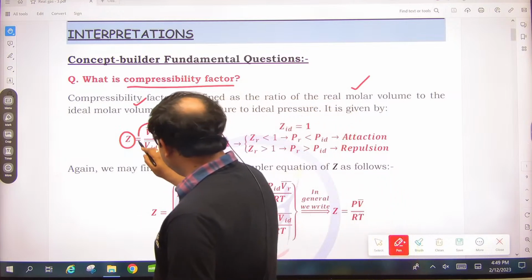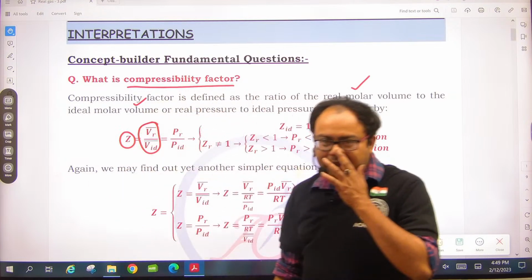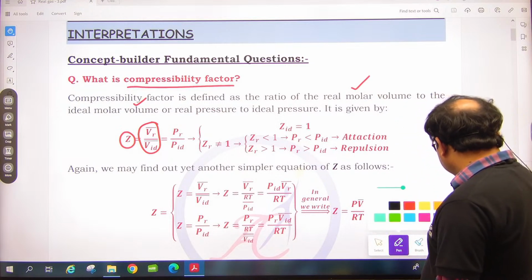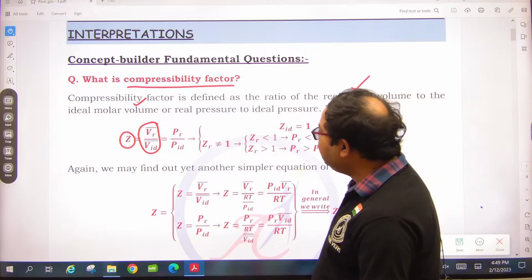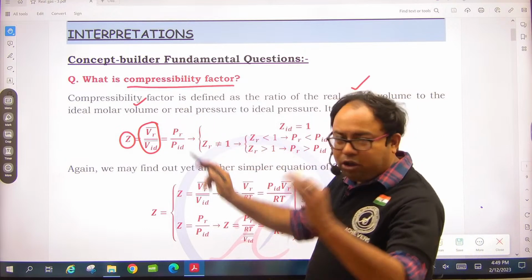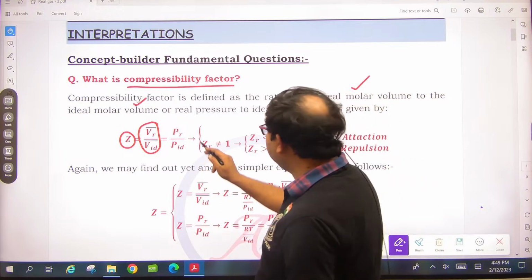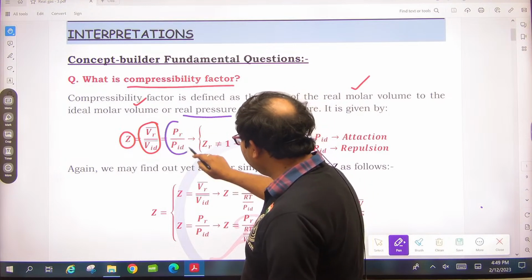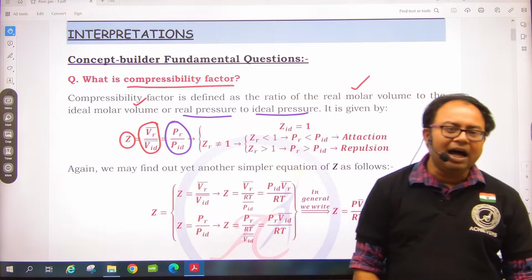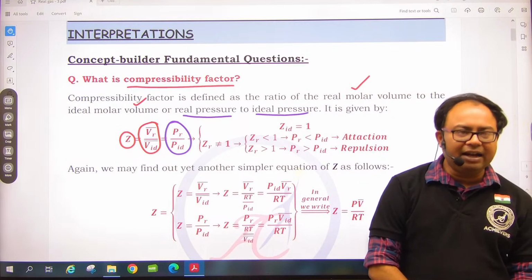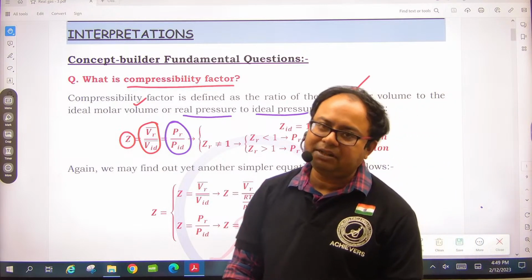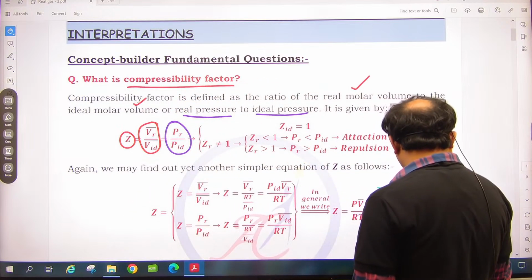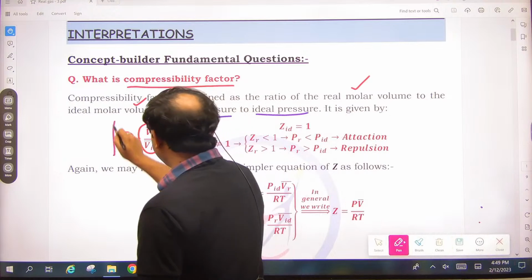It has one more definition. It can also be defined as the ratio of the real pressure to the ideal pressure. So one can also define it like P R, real pressure, divided by P ID, the ideal pressure. So this is the entire expression of Z.